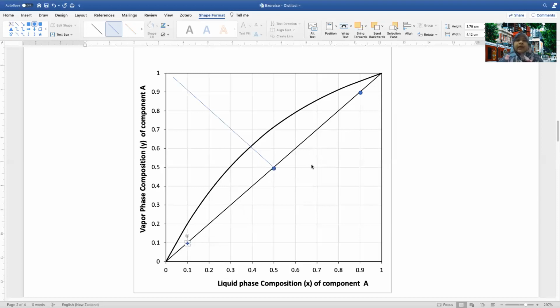Okay, and then we need to find the intercept, so we can draw the line here to the intersection between the q line and the equilibrium curve, in order to get the intercept.